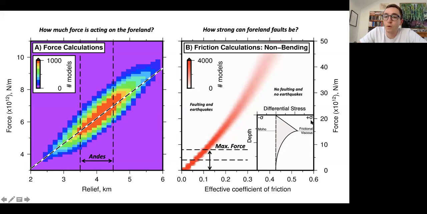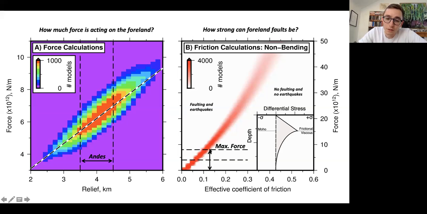And on the y-axis is the horizontal force that the lithosphere could support, given that effective coefficient of friction on faults within its crust. These horizontal black lines here are the bounds on the size of the buoyancy force that we estimated in the previous section.